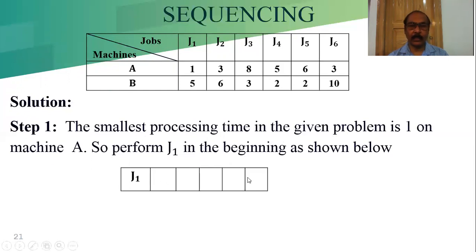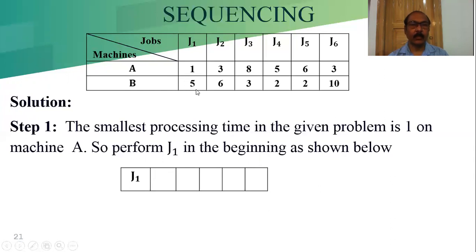So this is our arrangement, because we have the jobs J1 to J6. That is 6 cells. From left to right is the starting, and right to left is the last performing, then before the last, then the second performing, third, fourth, fifth, and sixth.